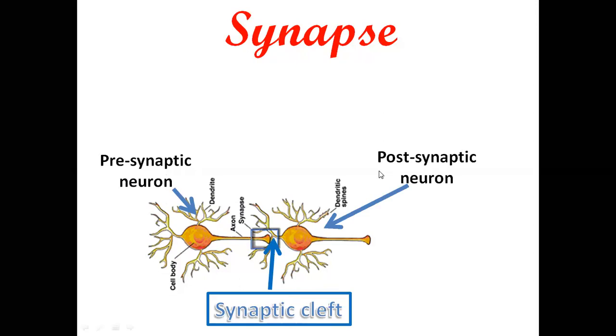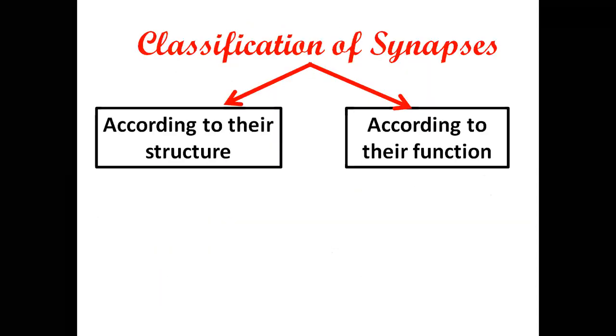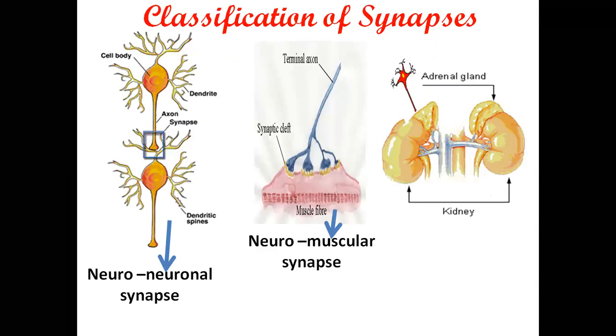Okay, so let's continue. We have classification of synapses, classified either according to their structure or according to their function. According to their structure, we have the neuronal synapse between a neuron and a neuron, the neuromuscular synapse between a neuron and a muscle, and the neuroglandular synapse between a neuron and a gland.